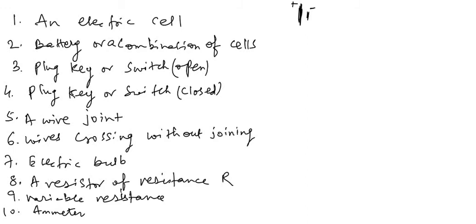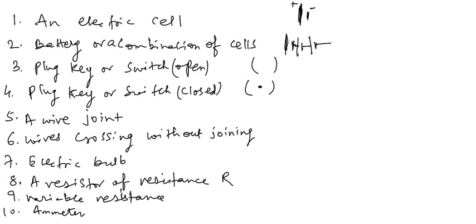A group of cells, or combination of cells, is also known as a battery. Plug key or switch open will be like this. Plug key with switch on: whenever we switch on, in our circuit diagram we give a dot. Whenever the switch is off, we do not give a dot.